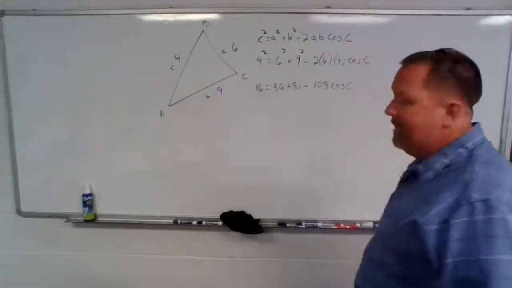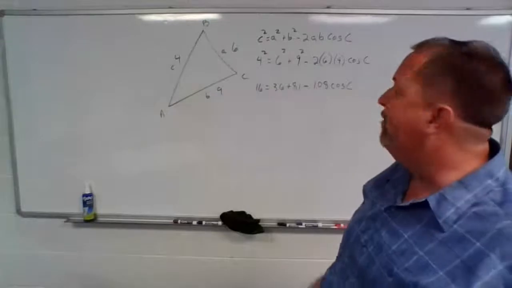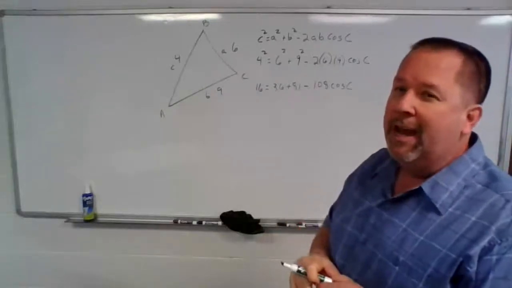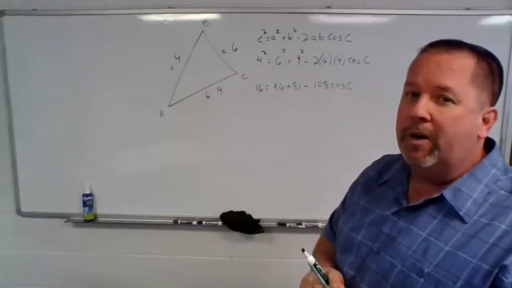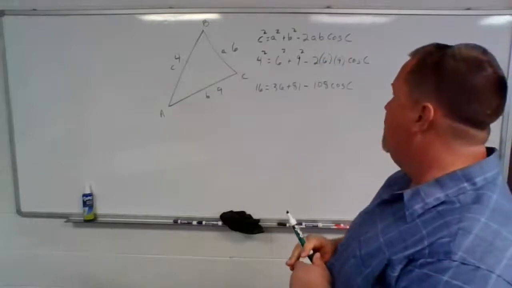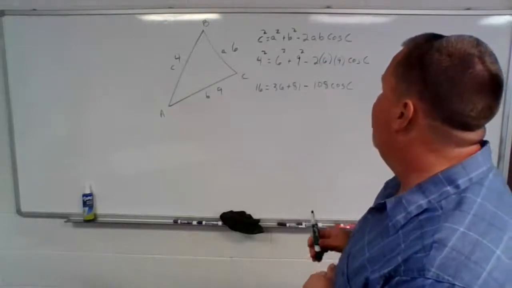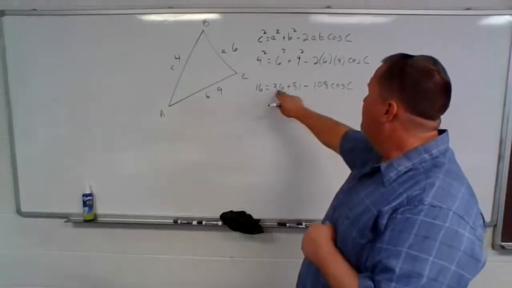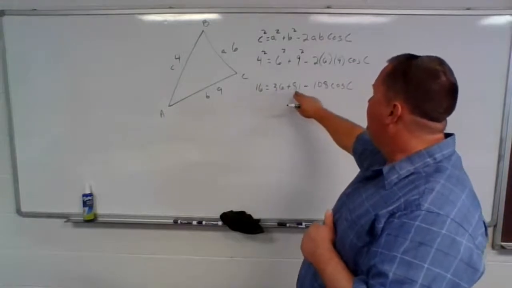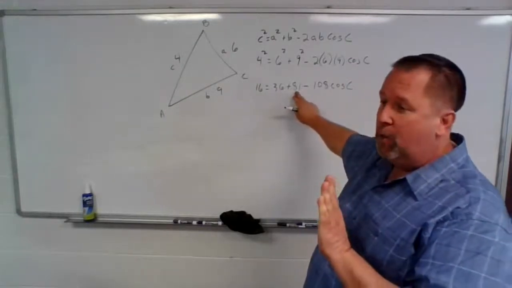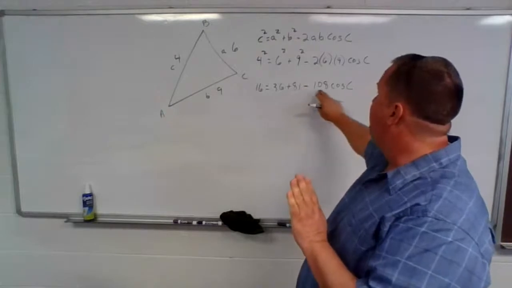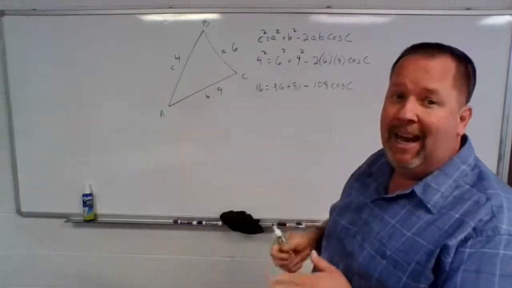Now, please be super, super careful. I have a lot of students that get a little confused about their order of operations here, and I don't want you to do it. Students are often tempted to say, well, let's do 36 plus 81, that's legitimate, minus 108. Can't do that part.